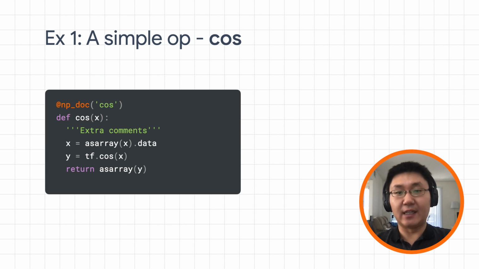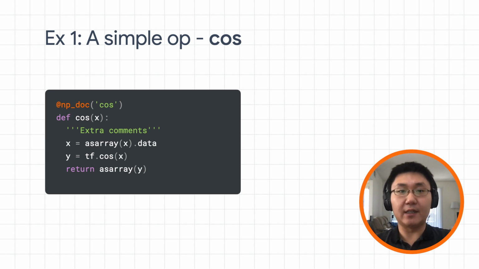You take the TF tensor out of the ND array, and then you give the tensor to the corresponding TF op. And when you get back the result tensor, you apply the wrapper again to turn it back into the ND array, and that's it. A little more extra here, because we want to accept any array-like arguments, we need to convert that argument into an ND array first.